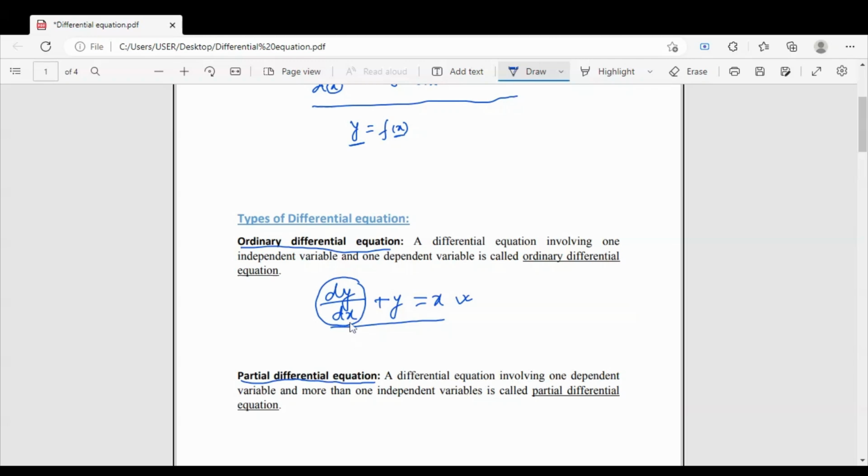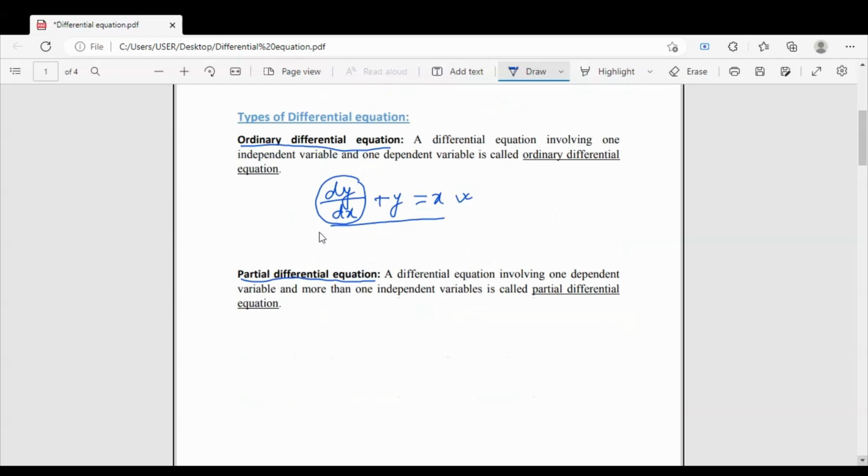Now go to the partial differential equation. In case of partial differential equation, it involves one dependent variable but more than one independent variable. That's why this differential equation contains partial derivatives, so it is called partial differential equation.